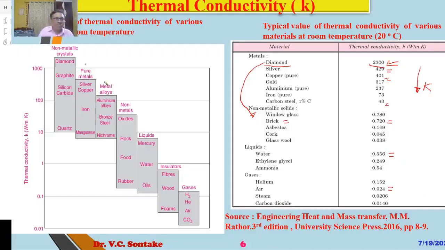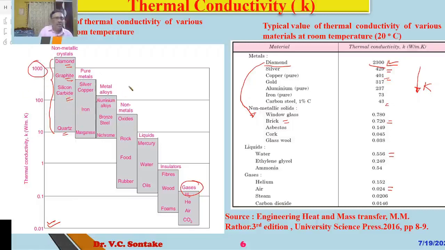Similarly, in this diagram, as you can see here, the thermal conductivity value varies from 0.01 watt per meter Kelvin, which is lowest value for gases, and some non-metallic crystals, diamond, graphite, silicon carbide, and quartz are having highest thermal conductivity of 1000 and in this range.